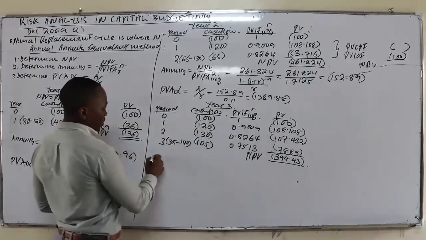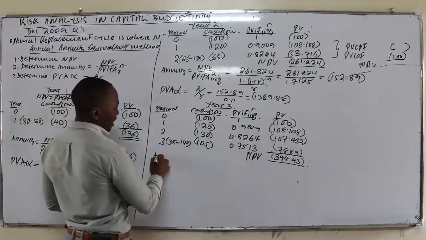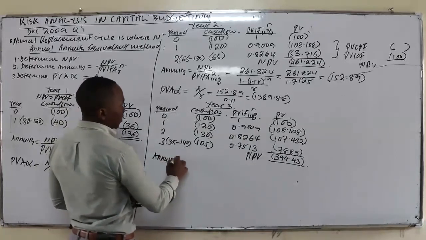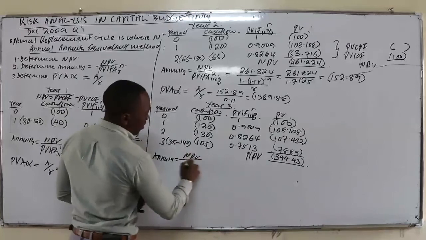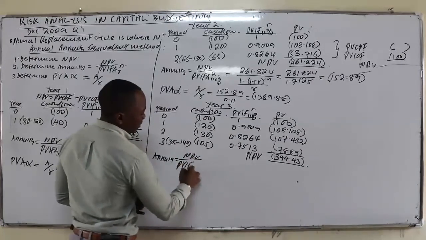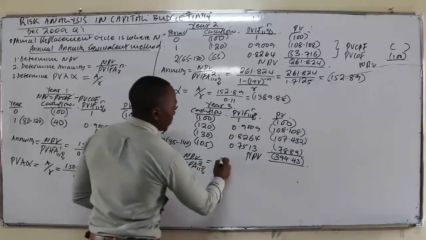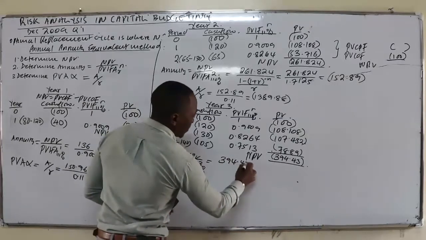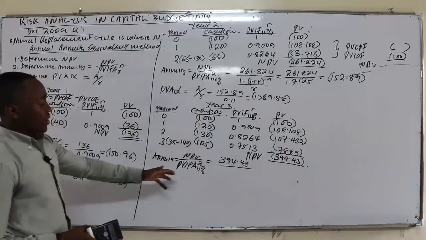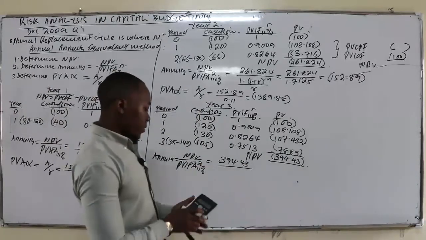Number 2 was to get the annuity. And to get the annuity, we said you take NPV over the present value interest factor of an annuity, 11% for 3 years. So it will be 394.43 over the present value interest factor of an annuity, 11% for 3 years.